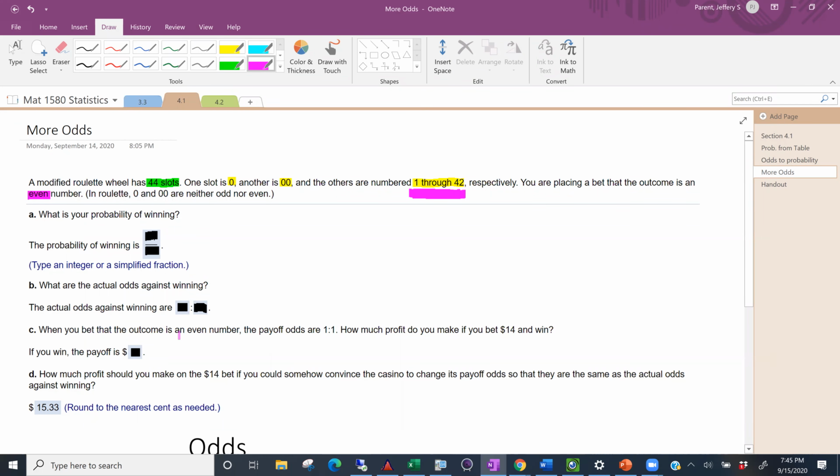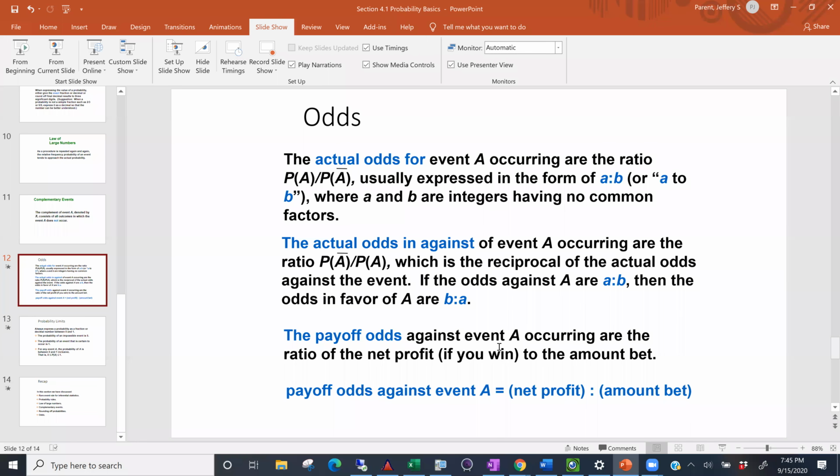When you bet, the outcome is an even number. The payoff odds are 1 to 1, meaning the payoff odds tell you how much you win versus how much you bet. So if you bet $1, you win $1. That's what the payoff odds are telling you. Your net profit versus the amount that you bet.